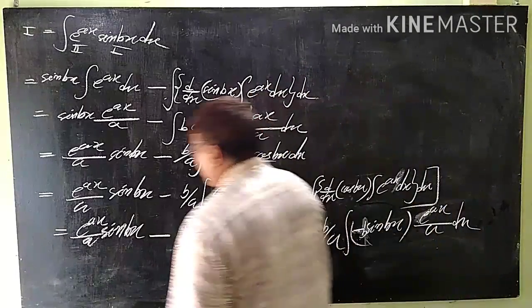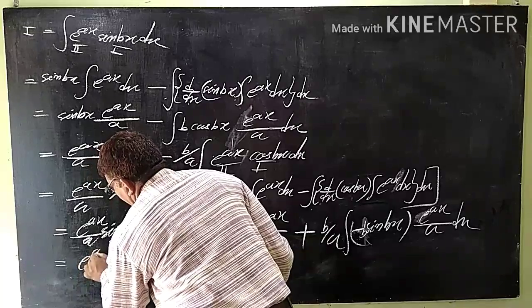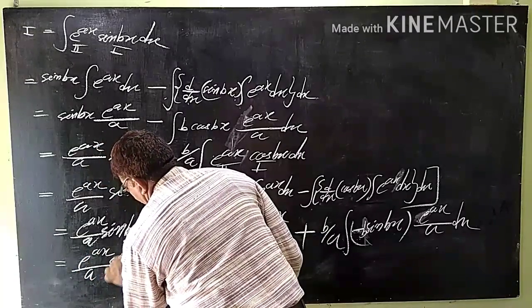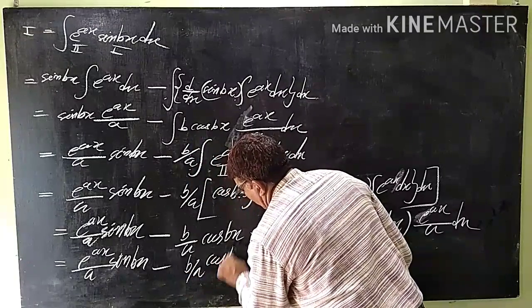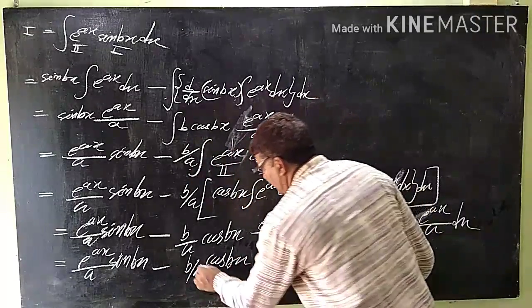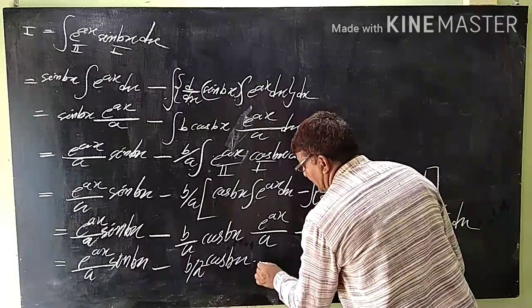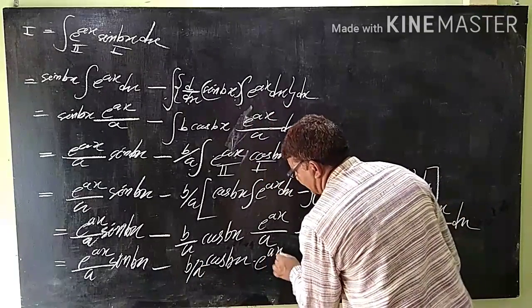Now this is equal to power of e ax upon a sin bx minus b upon a cos bx, b upon a square into power of e ax.